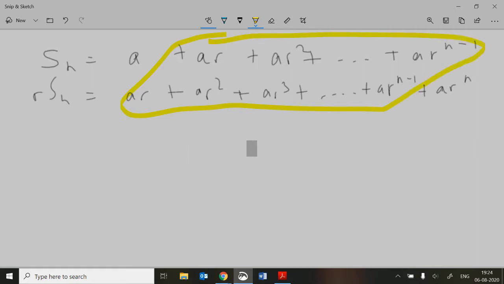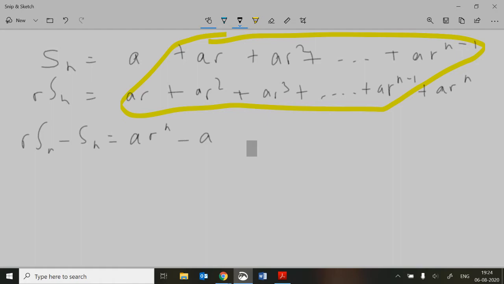Now the difference between them is this, take away this, if we do it that way around. So what I'm going to do is take the top line off the line underneath. So we're going to say rSn minus Sn leaves us with, well, all of this is going to cancel, and we're going to be left with ar to the n, take away that a.